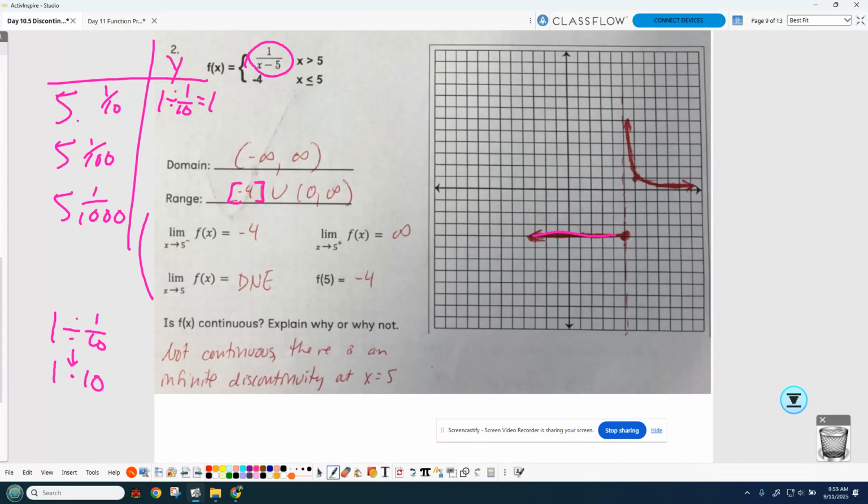So this becomes 10. As we get closer and closer to 5, it's 1 divided by a smaller and smaller fraction, which means it's really that big number. Feel free to check Desmos with the graphing to see that you're getting them right.